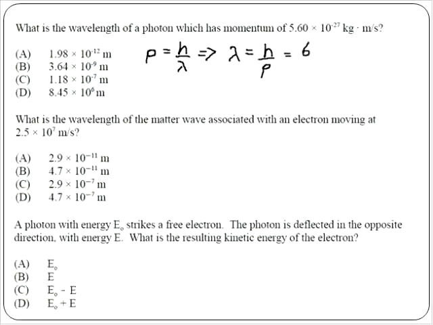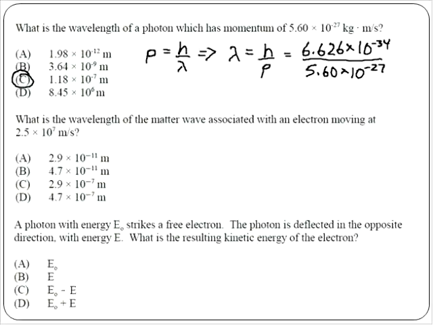We know h because it's a constant, 6.626 times 10 to the negative 34, and we know p because it's given. That's momentum, 5.60 times 10 to the negative 27. Do that calculation, and you will get 1.18 times 10 to the negative 7, right there.